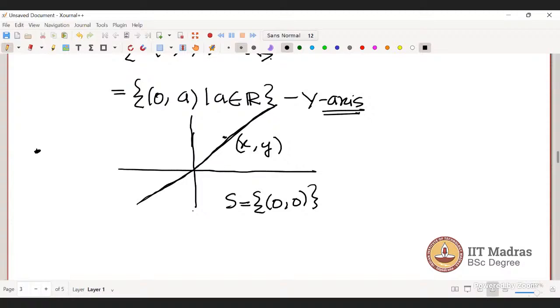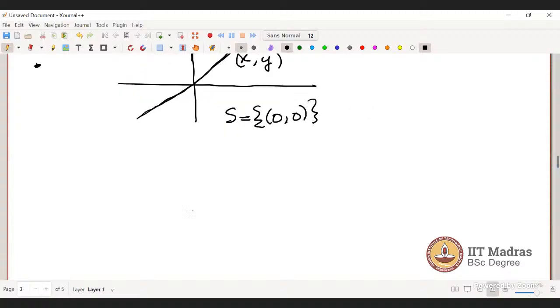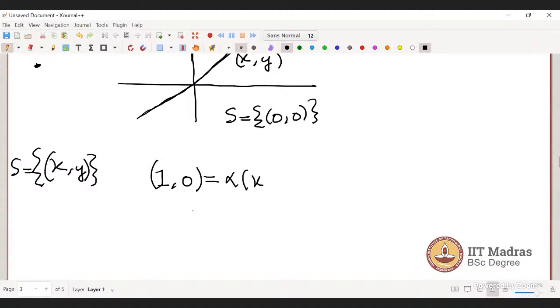So one way to show it algebraically: suppose this is your point, so this is your set S. Then you can show that you cannot write 1, 0 as a linear combination of x, y and 0, 1 as a linear combination of x, y simultaneously.